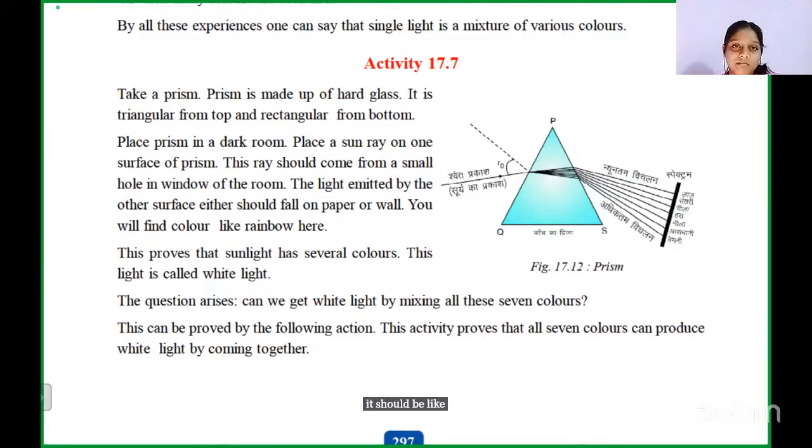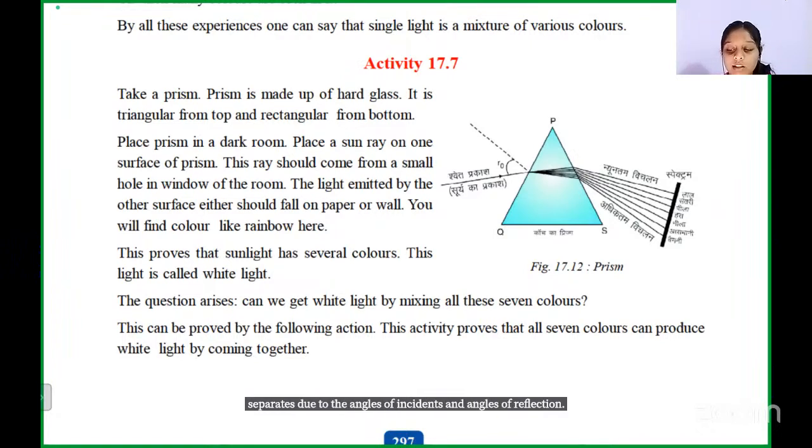Why does it separate? Is it concave to diverge all the waves? Basically, it separates due to the angles of incidence and angles of reflection.